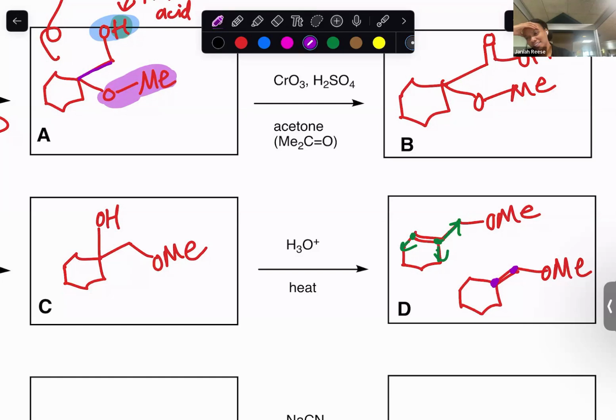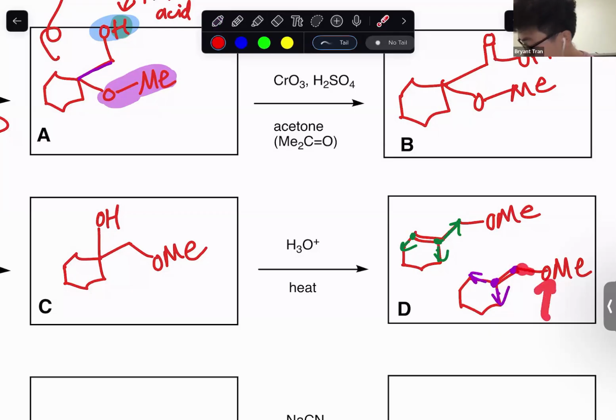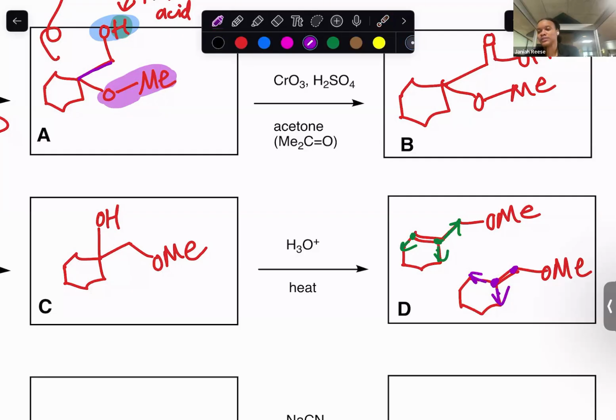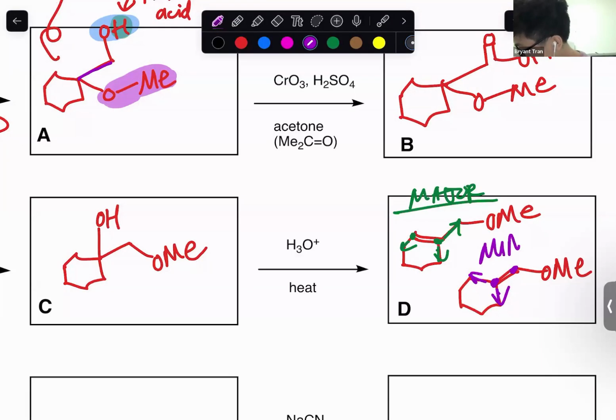It looks like it's two. 2, correct. 1, 2. This right here is not carbon, so we don't count that. So based on that, which one is more stable? Which one is more substituted with carbons? The green one. Yep, that's gonna be our major product. And this is gonna be our minor product.